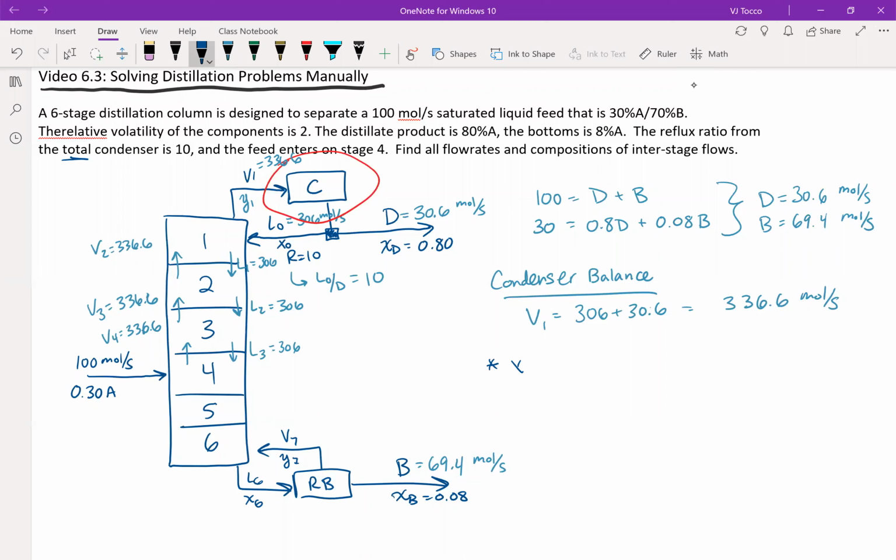So let's say X0 is equal to XD is equal to 0.80 because there is a split point, and the split point does not affect the compositions of my streams. I just taught that in my MEB class, by the way, so that's fresh in my head.